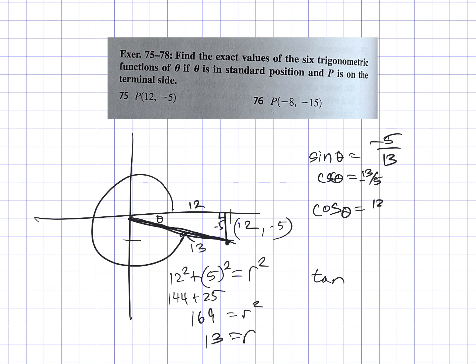Cosine of theta is the adjacent over hypotenuse, so the secant of theta is 13 over 12. The tangent of theta is opposite over adjacent, and the cotangent then is the reciprocal of that, negative 12 over 5. All right, let's clean that up, and then we'll do number 76.